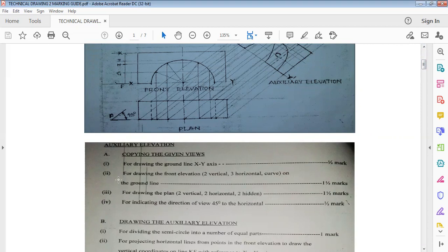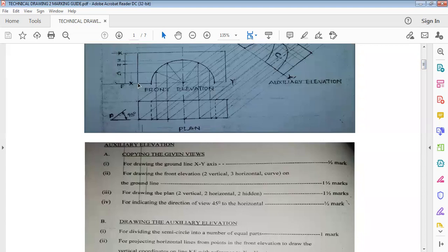Then Roman figure 2 says that for drawing the front elevation, 2 vertical lines, 3 horizontal lines, and a curve on the ground line, you have 1.5 marks. Now, this is the front elevation, 2 vertical lines.